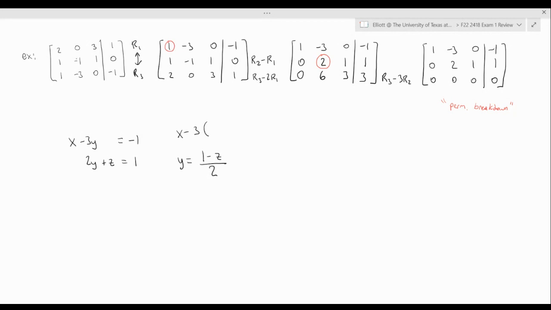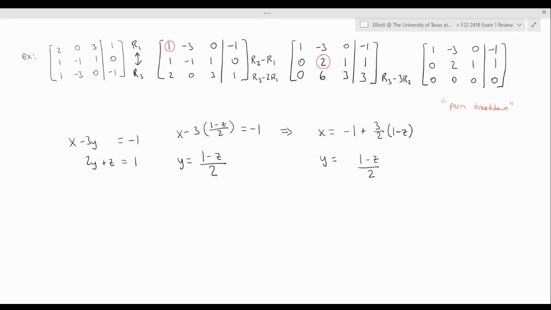So we'll get x minus 3, and then we replace y with all of this. And from here, we'd be able to solve for x. So to solve for x, we would just move everything over, and you'll get x is negative 1 plus 3 over 2 times 1 minus z. Let's write it like that. So there we solved for x and y.